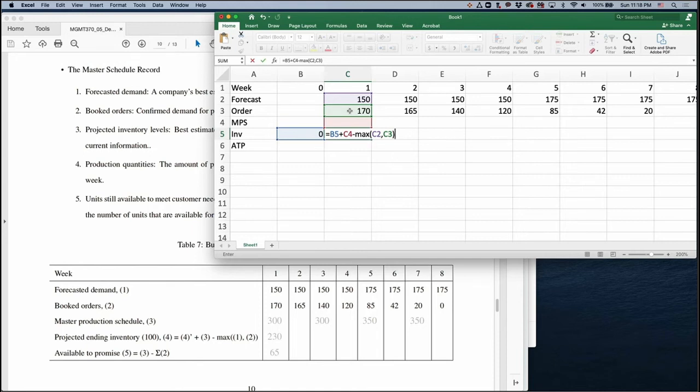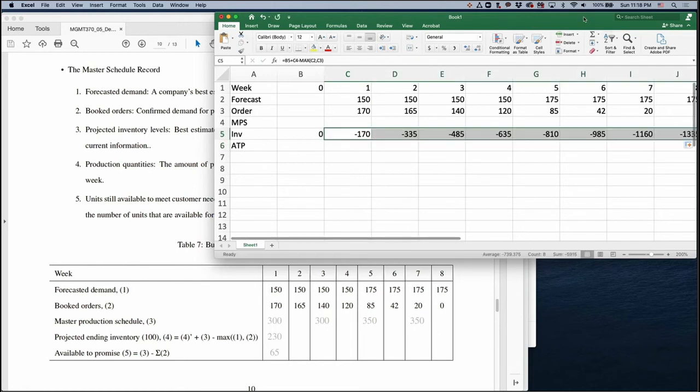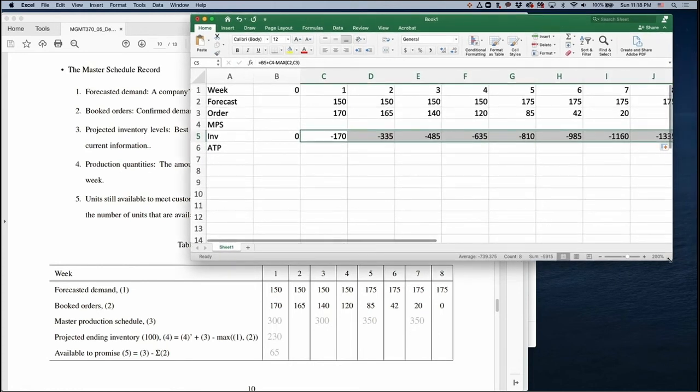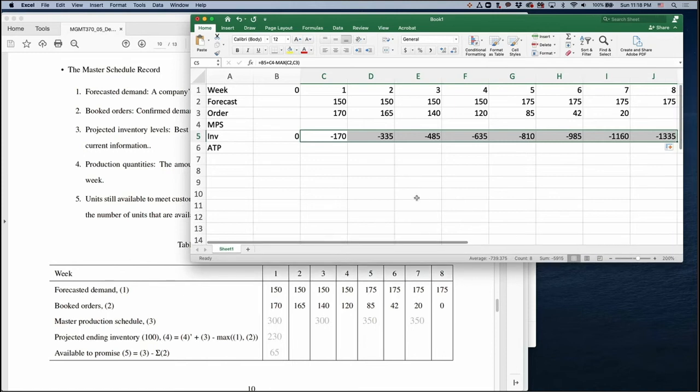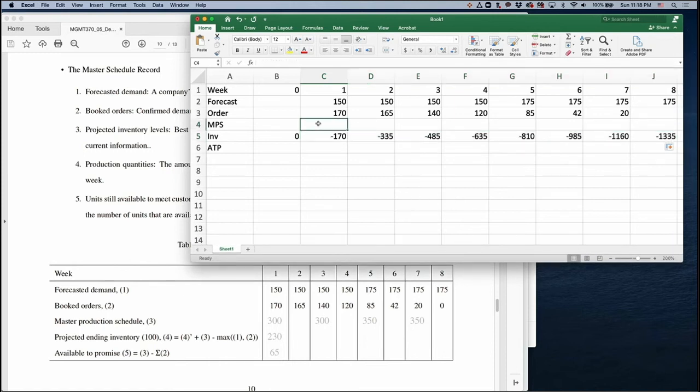That means we need to fill out our order. So you just compute this inventory. Out of this, first of all, we have to cover this negative inventory.